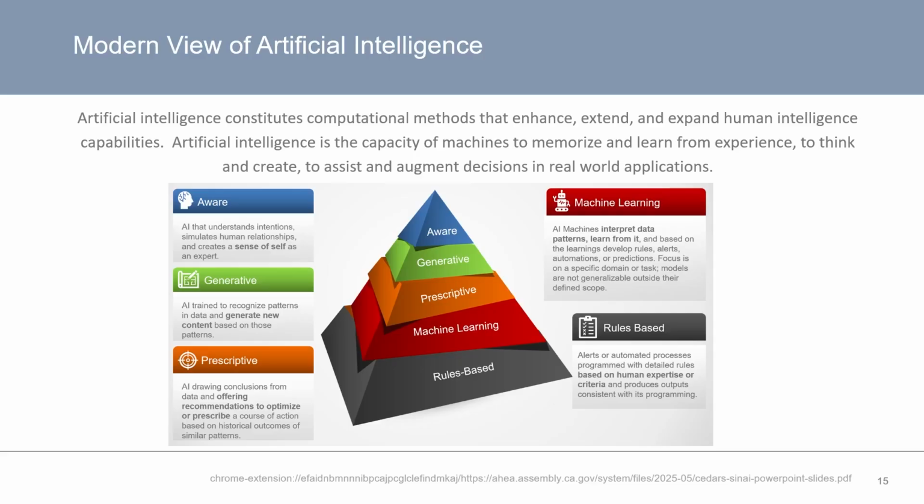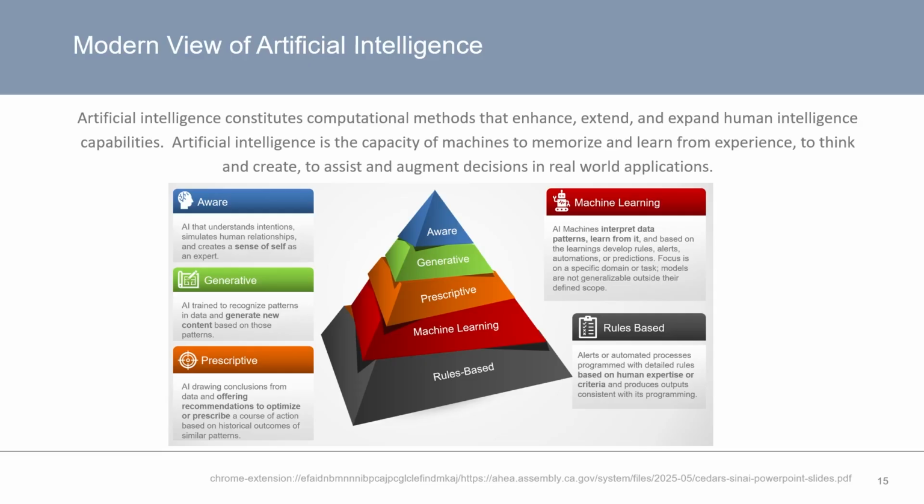This pyramid illustrates progressively more sophisticated capabilities of artificial intelligence, beginning with rule-based systems that can be explicitly programmed based on existing human experience or criteria. Then there's machine learning, which interprets data patterns and learns from it to develop new rules, alerts, automations, or predictions.